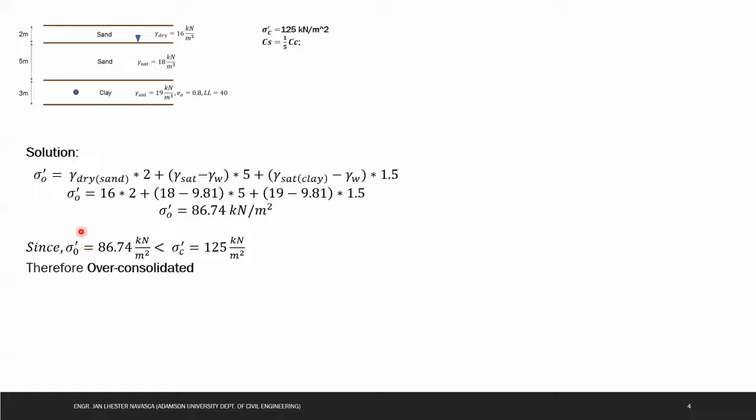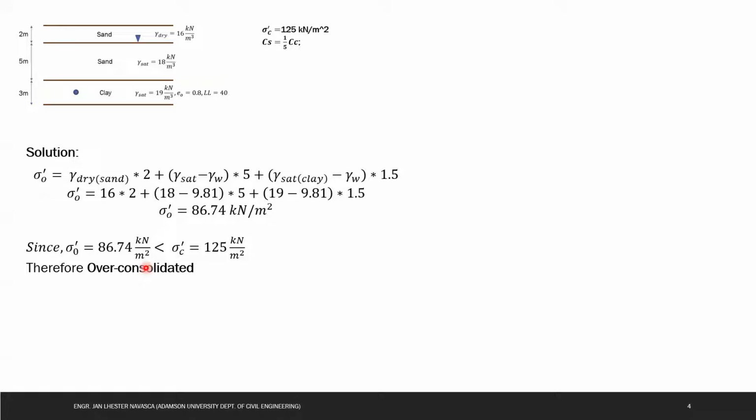Since our effective stress is less than the pre-consolidation pressure of 125 kilonewton per square meter, our soil is over-consolidated.